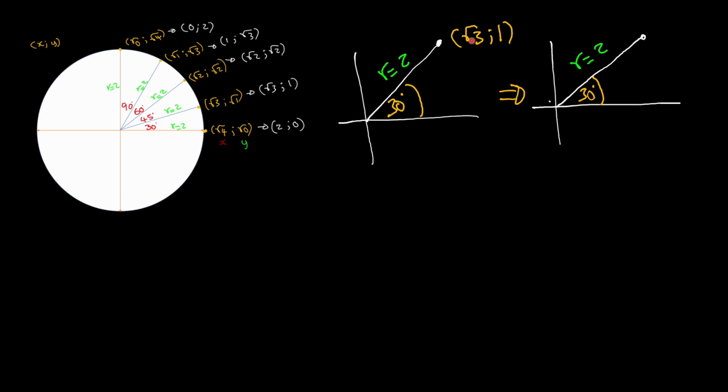This is the x and this is the y, right? Where do you put the value of x? The value of x will be here, and then the value of y will be here. So the value of x will be square root of 3, and the value of y will be 1.